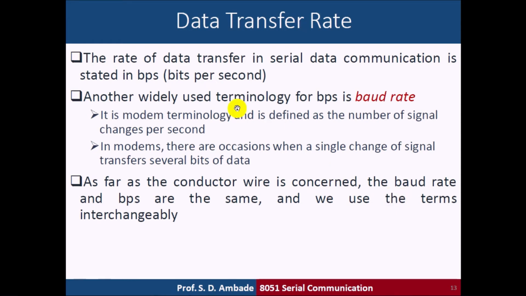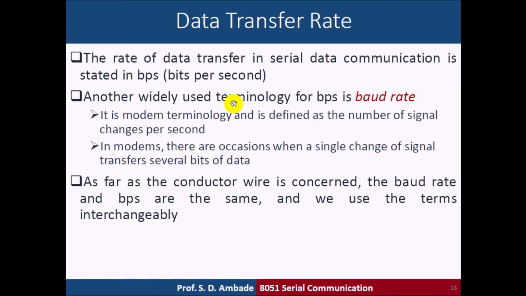What is the difference between data transfer rate and baud rate? Data transfer rate indicates how many bits are transmitted per second, but baud rate indicates the number of signal changes per second, meaning high to low or low to high changes per second.